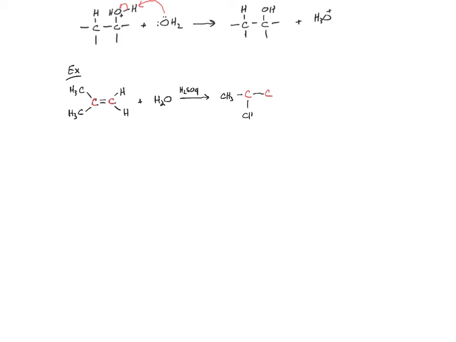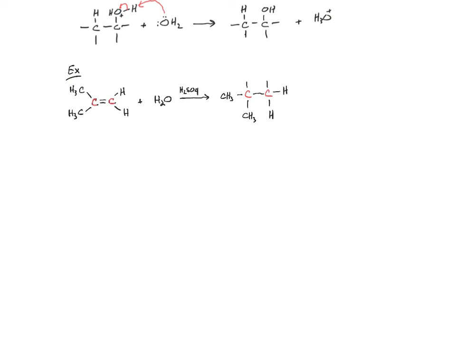So these two methyl groups will be on the carbon on the left, and these two H's will be on the carbon on the right. Now remember, the thing that we're adding across the double bond here is water, so H and OH. Just like we saw with hydrohalogenation, there's going to be a preference for the hydrogen to go to one of these over the other, and again, we follow Markovnikov's rule.